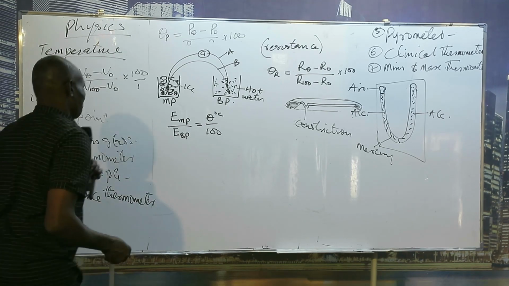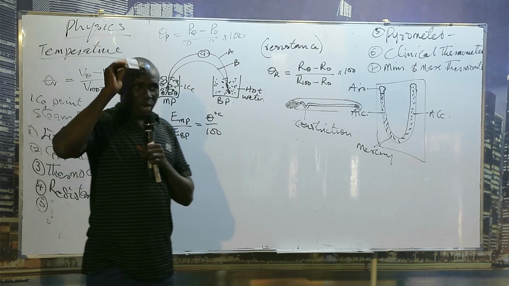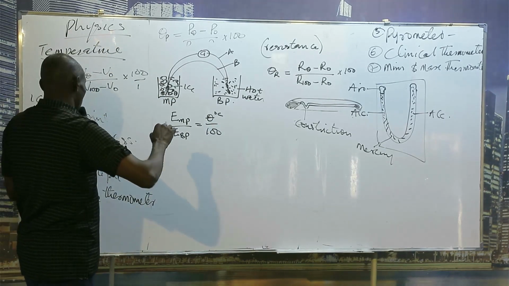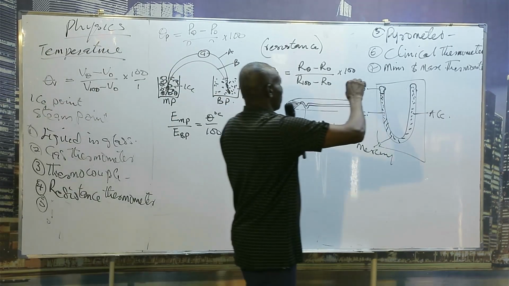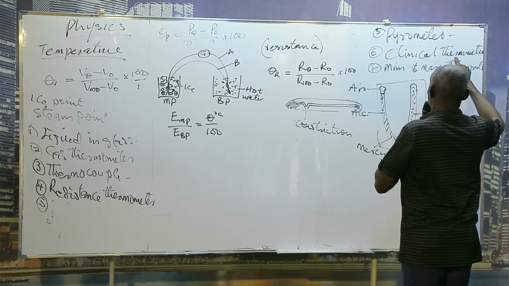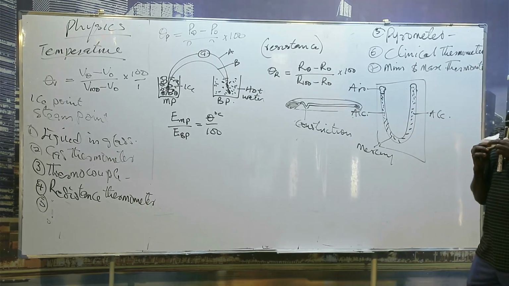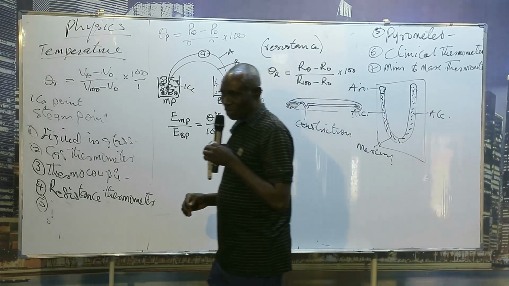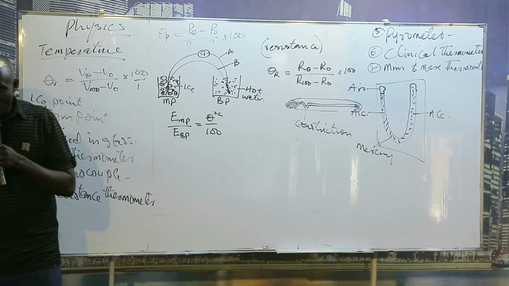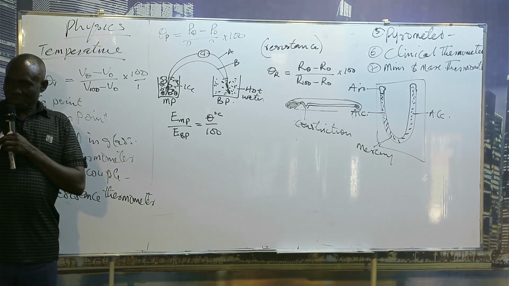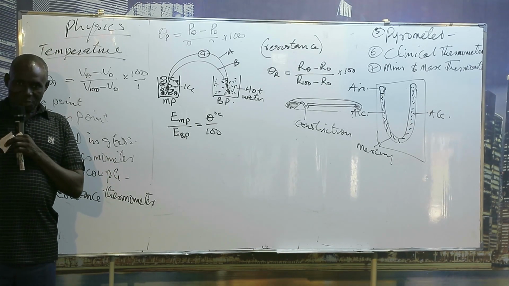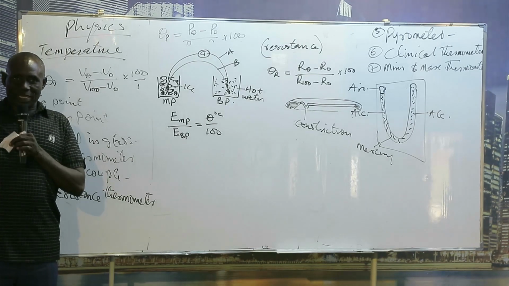Okay, thank you. Somebody took me back to number 6, clinical. There was something I said: you cannot use the clinical thermometer without what? I showed you something like this.